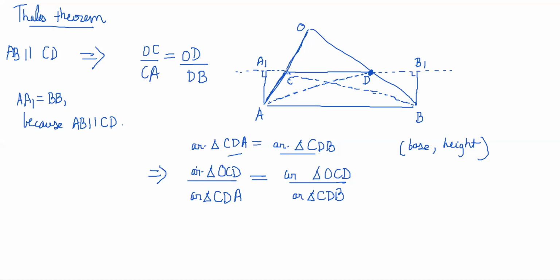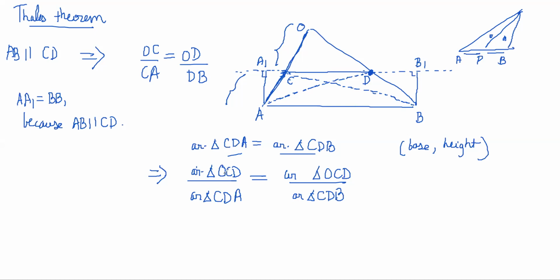OCA are collinear, so the areas of OCD and CAD will be proportional to this by this. This is the previous property that we had just now proved, APB, remember? And this area and this area ratio will be this by this.